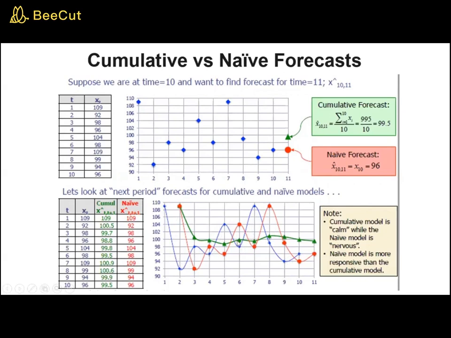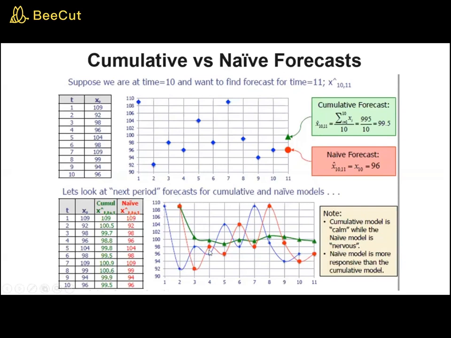Now, if you make a naive forecast, the naive forecast is in red. And if you notice, it's exactly the same as the real demand, but just a little bit delayed. It's one period delayed. Everything is the same pattern, but one period delayed.